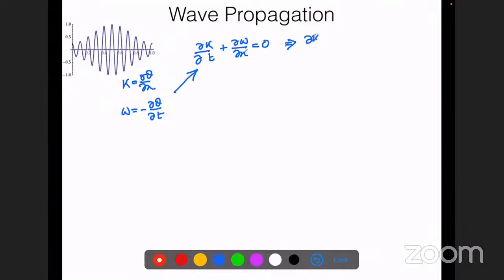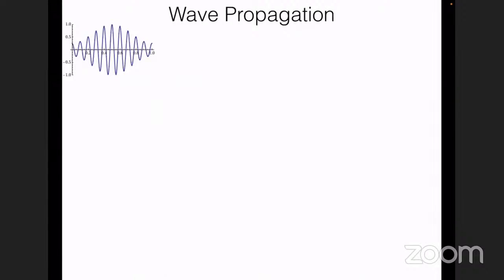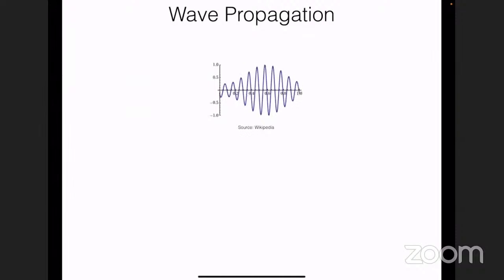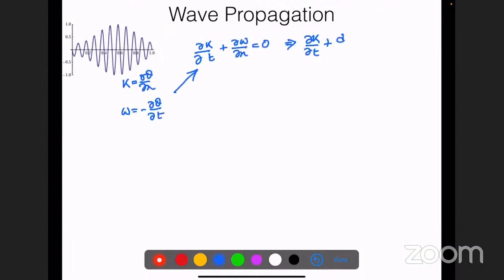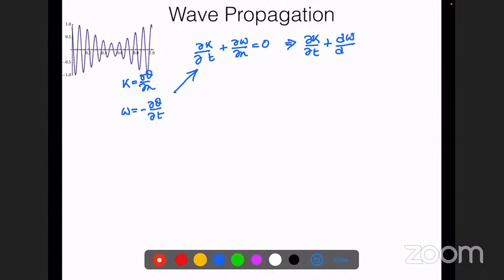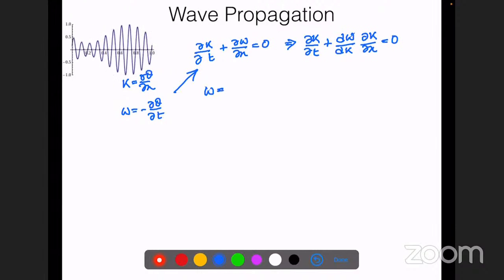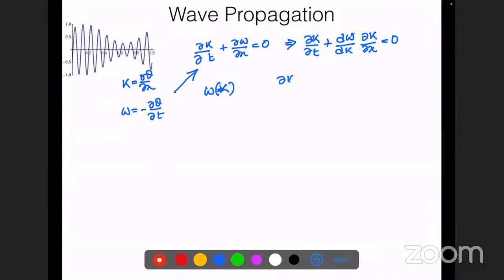Now dou k dou t, I could also write with dou omega dou x expressed as the gradient of the frequency with respect to wave number multiplied by dou k dou x. If I have my dispersion relation where omega is some function of k, then I can write down an equation for the evolution of the wave front.